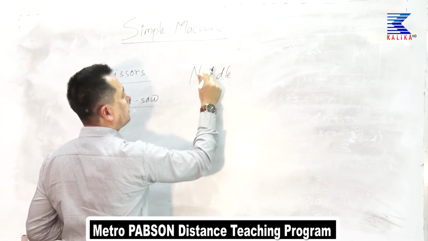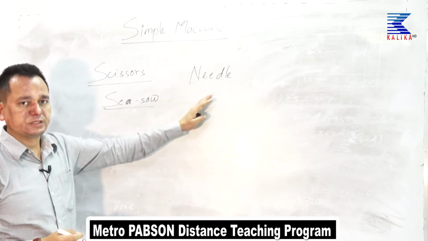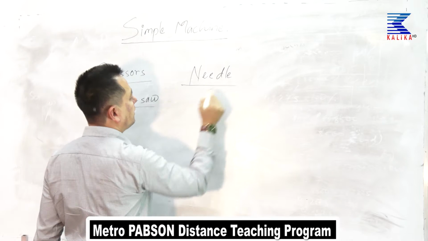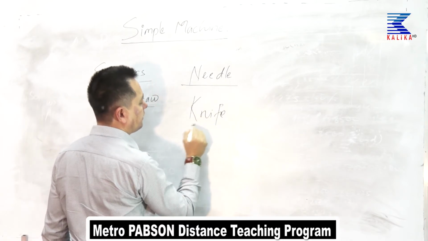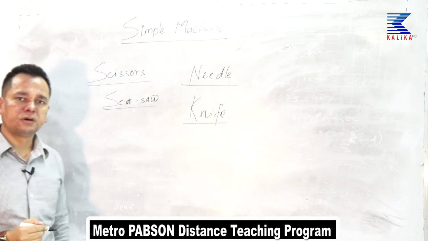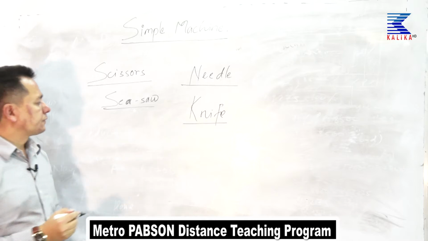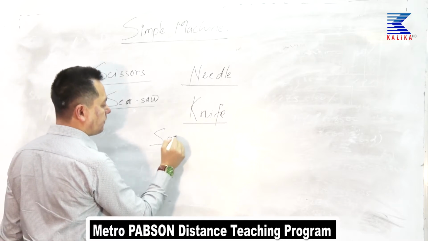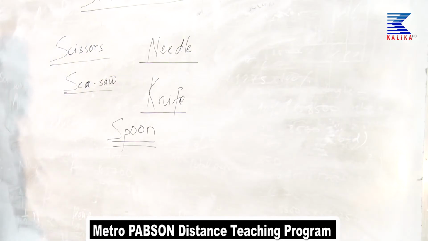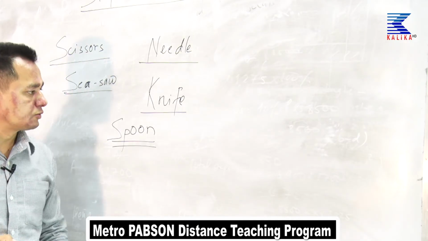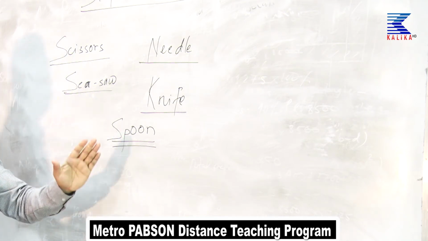Needle, we often use it. Knife, we use it every time in our kitchen. Spoon, we use it all the time during our meal. So these are a few examples of many such devices.